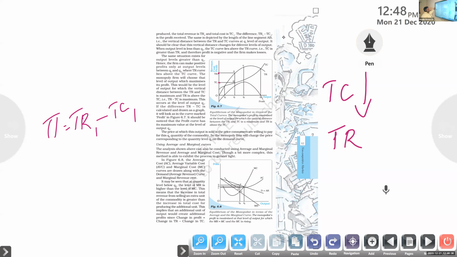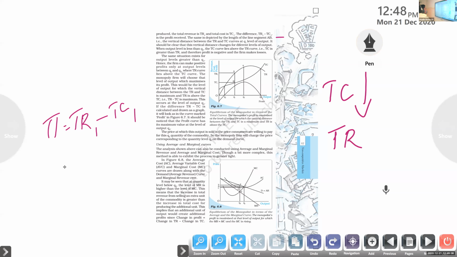It is the vertical distance between the TR and TC curves at quantity Q1. TR1 is at A and TC1 is at B, so this difference is termed the profit for the firm.